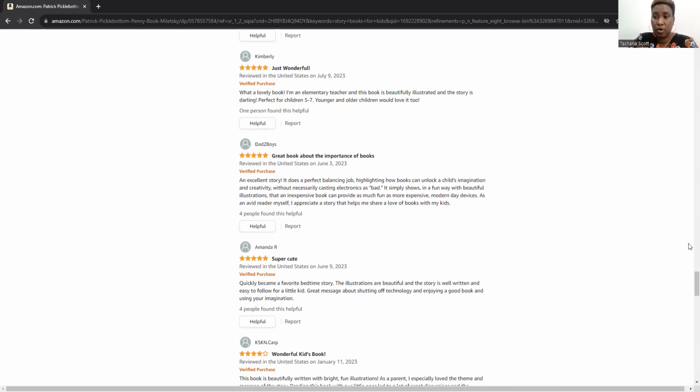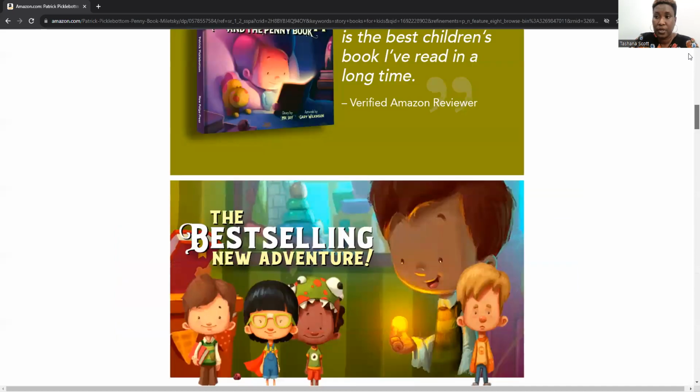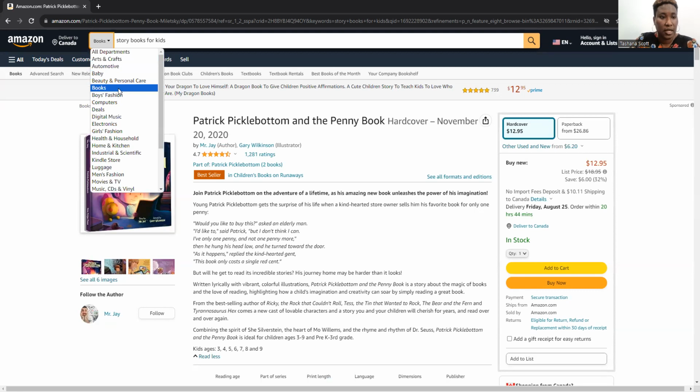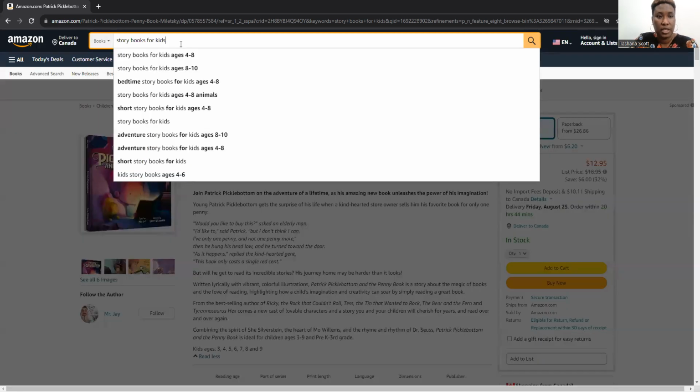So that is a quick way to find your keywords, right? Remember, we go to here and select books. It's easier than having all of these search words. And then you start putting in 1 or 2 words and then Amazon starts populating it for you.